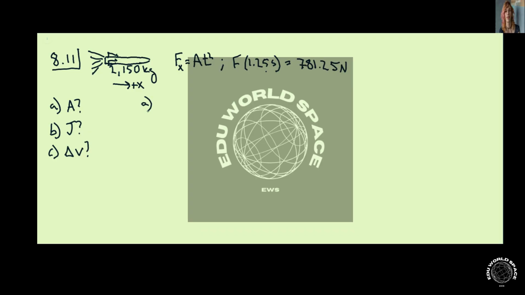So if we know T and F, then we just solve this for A. It's going to be F of T divided by T squared.